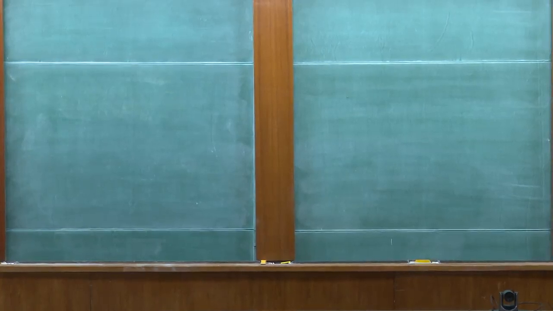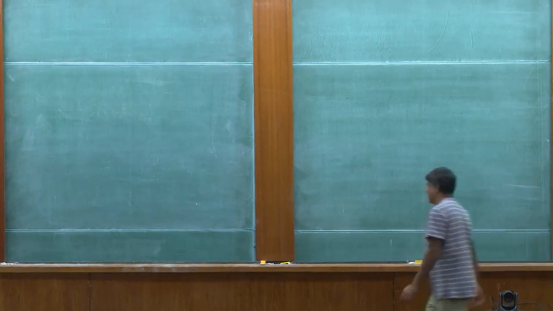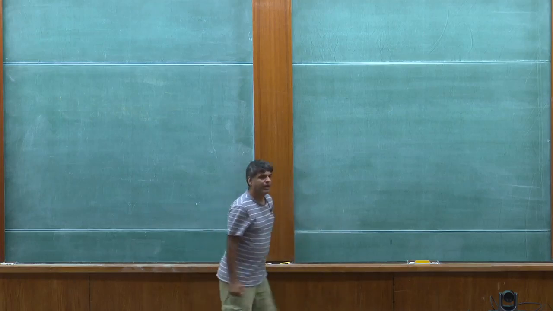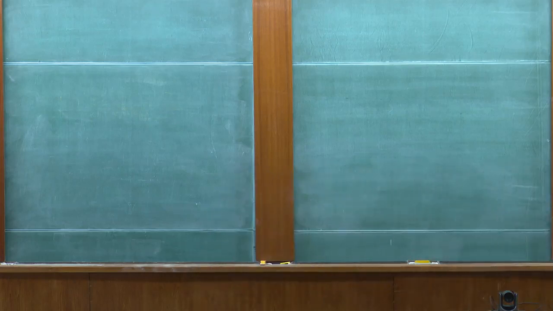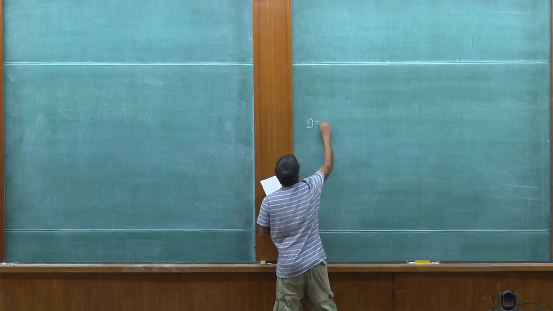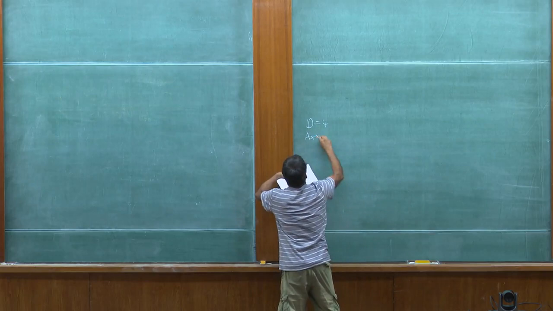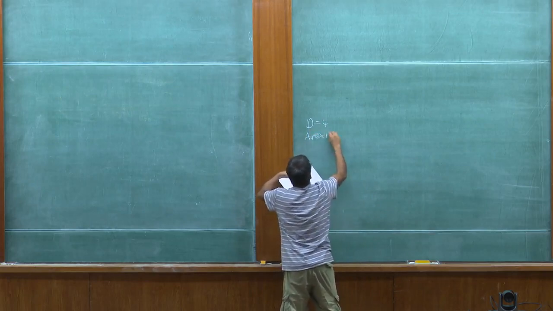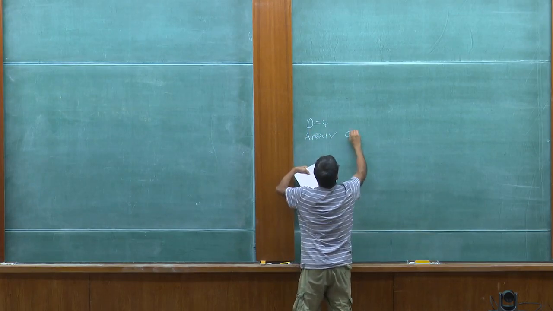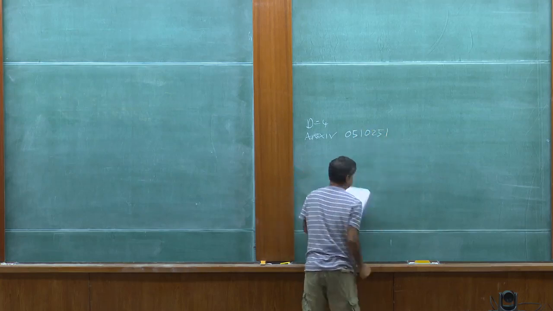The point of today's lecture is to discuss the superconformal index. In today's lecture I'll stick to d equals 4, and the reference for today's lecture is paper one.